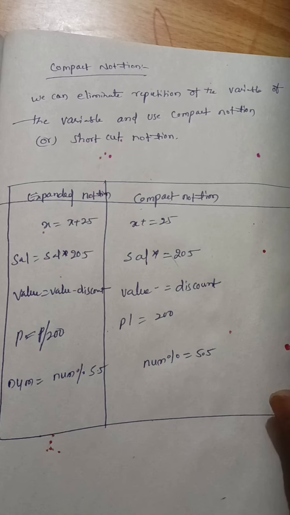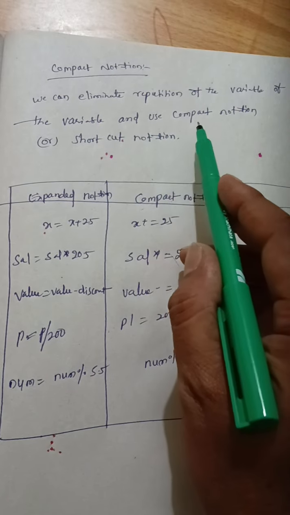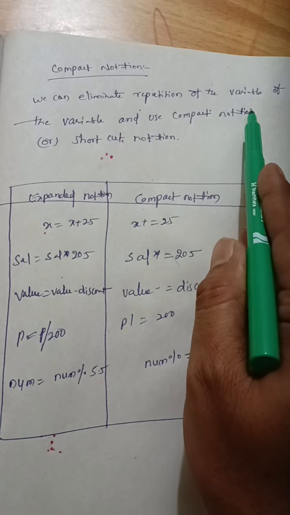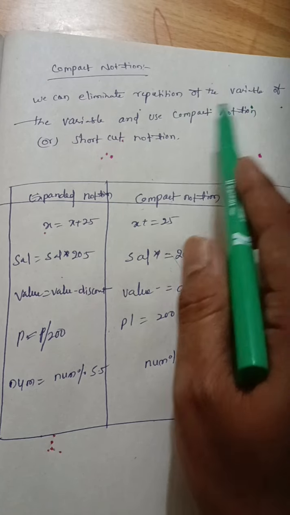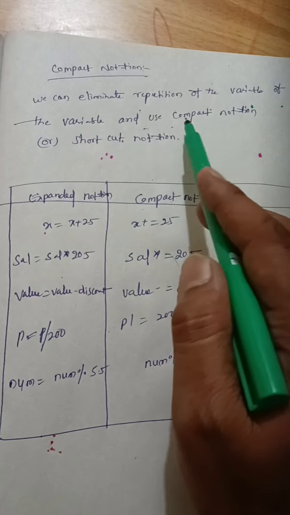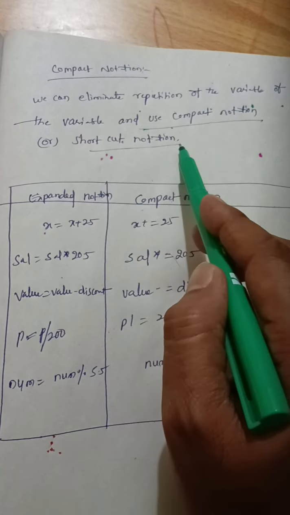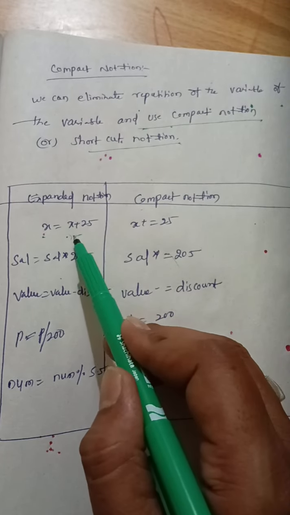Now we write some compact notations. Compact notation means we eliminate the repetition of the same variable. It is called compact notation or shortcut notation. Suppose x equal to x plus 25.